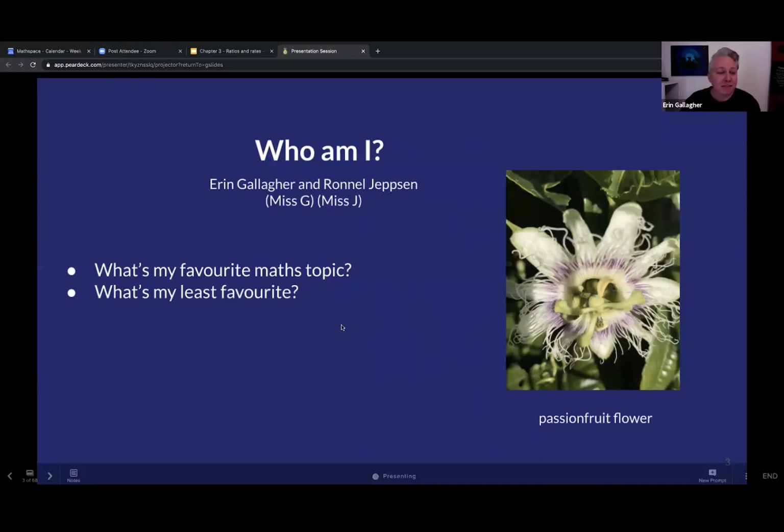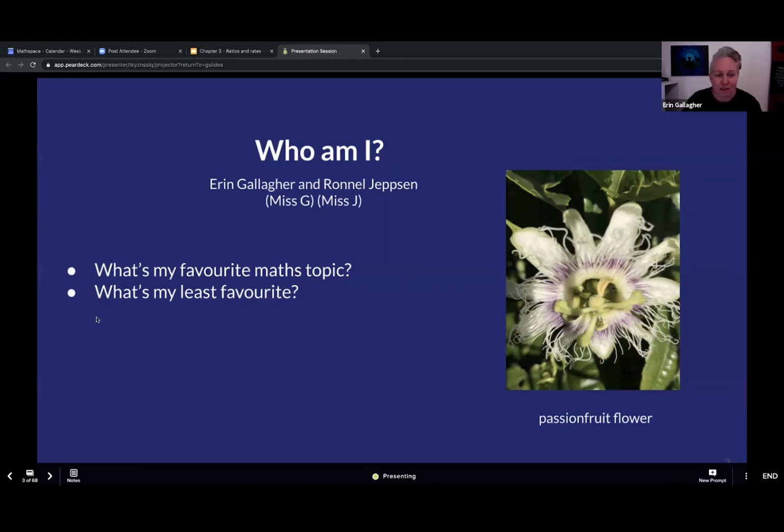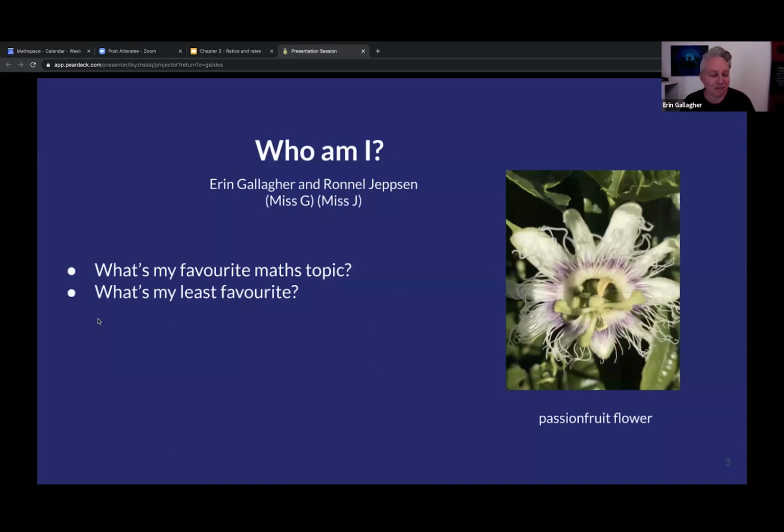This week I thought I'd just quickly and briefly talk about what's my favourite and least favourite maths topic. Because not everyone needs to like everything. Even though I'm a maths teacher and I love what I do and I love really most mathematics, there are some things that I'm not so crazy about. For me, my favourite maths topics are things to do with describing patterns and relationships.